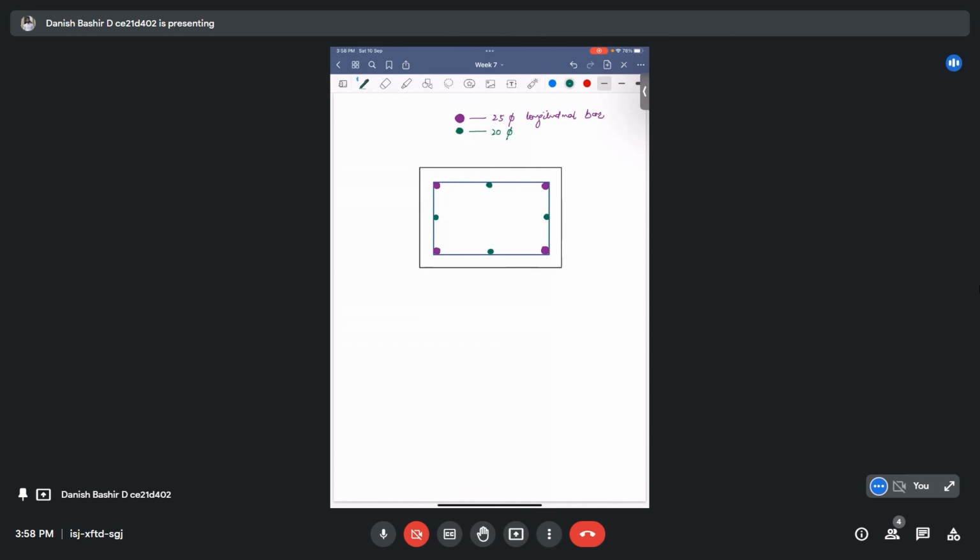We provided it here and here. For these mid bars, we will have the ties staggered, with another step here.